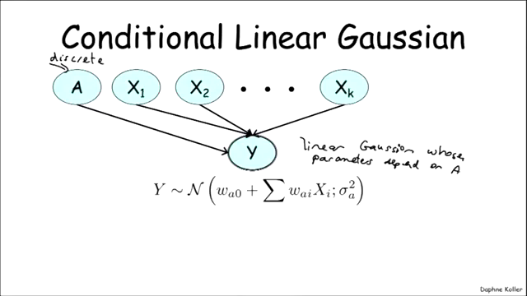We now have, for every one of the parameters, the ability for the parameters to depend on A. And in this case, the variance can depend on the discrete parent, but not on the continuous ones. And this is the conditional linear Gaussian model. And again, similarly, it's a restricted model, and one can certainly generalize beyond that, as we'll show in a moment, but it's a very useful model that's used in a large number of applications.